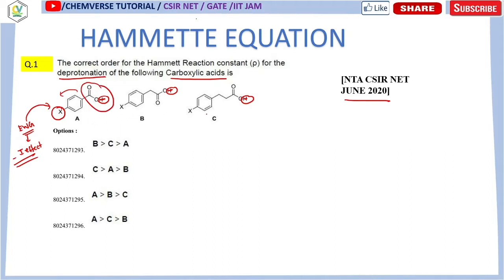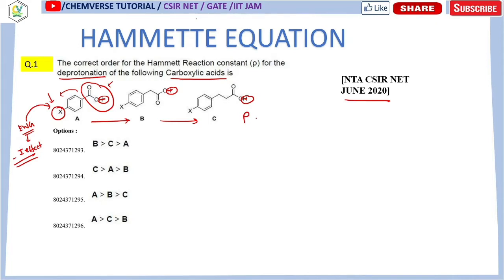Now if you compare the rate of stabilization, the inductive effect is distance dependent. In the case of A, there is a minimum distance between this X and the CO2 minus, and the distance gradually increases from A to B to C. So the extent of stabilization is decreasing.